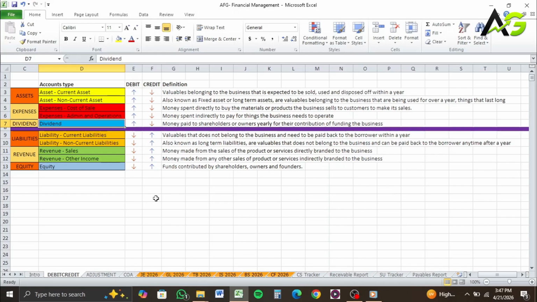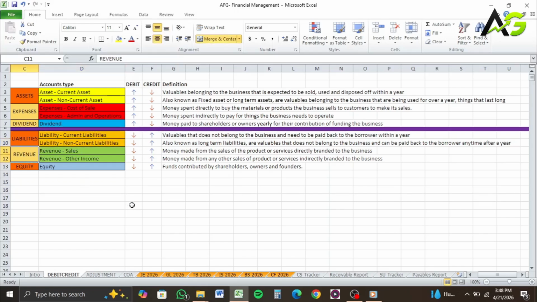And then we also have liabilities. Liabilities are things that the company owes, not owns, owes. If they are owing people. There is current liability and there is non-current liability, which you can also call long-term liabilities.